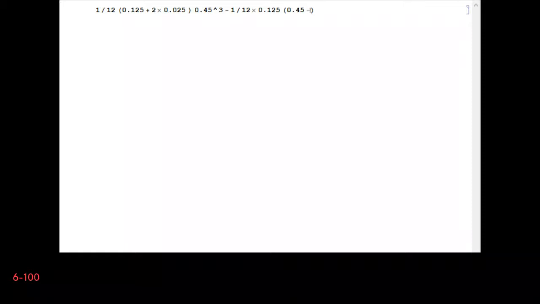Not T1, it has to be T2. 2T2, T2 is 0.075, and the cube of it.